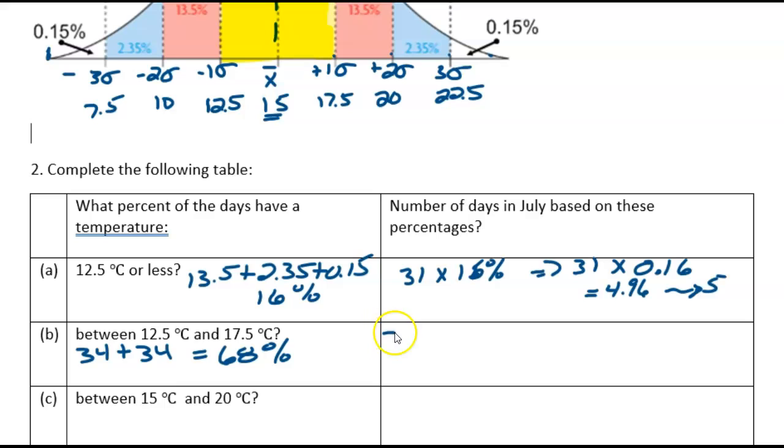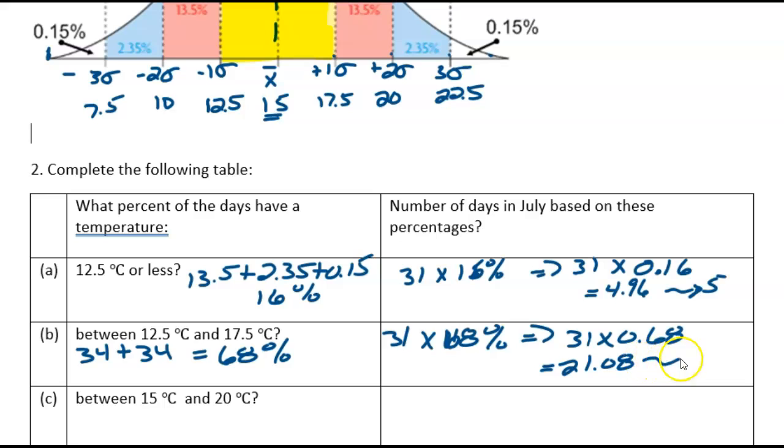And what does that mean in terms of the actual days? So 31 times 68%, or 31 times 0.68. You have 21.08, and we would just call that 21 days.